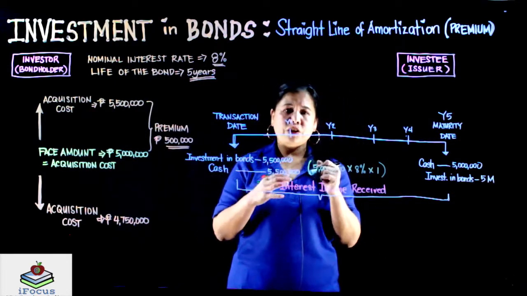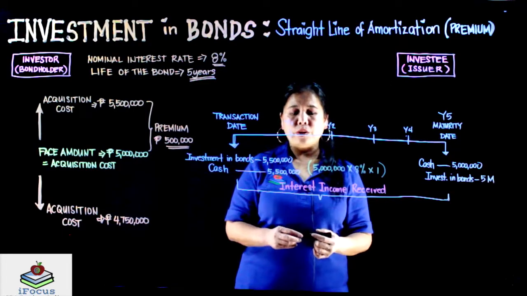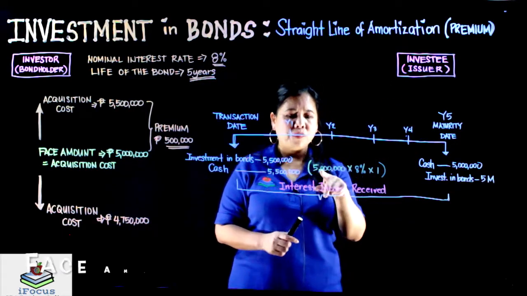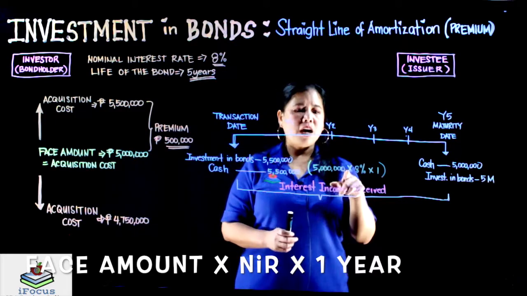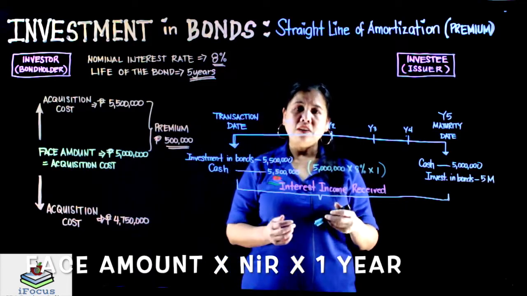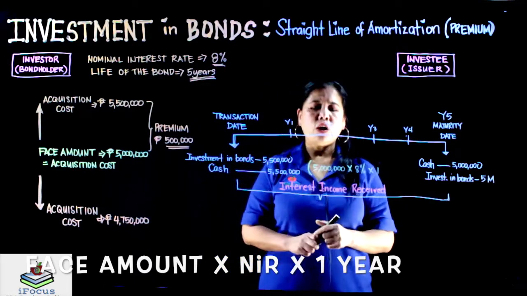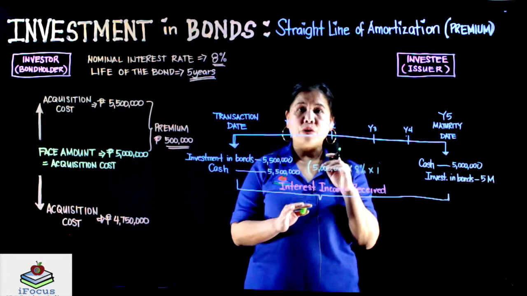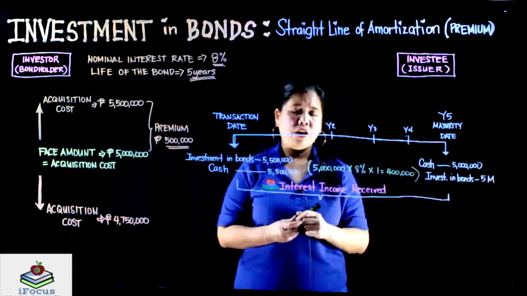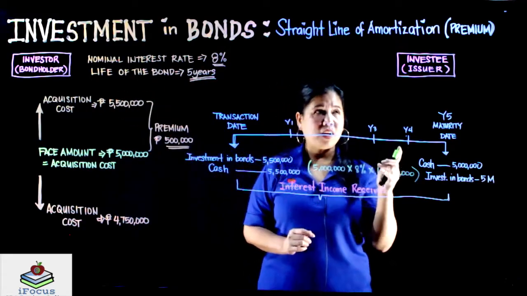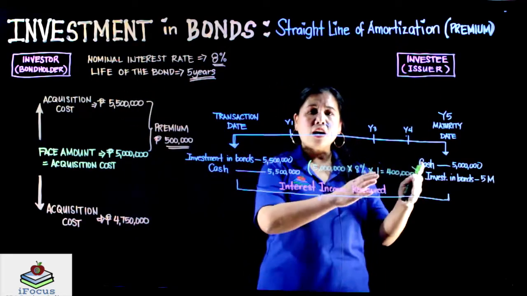the computations or the calculations of our interest income received from the investee is the face amount of 5 million times nominal interest rate of 8% times 1. 1 represents 1 year. So, ang ating interest income received from the investee is 400,000. Alright, so every year, tatanggap si investor ng interest from the investee na 400,000.